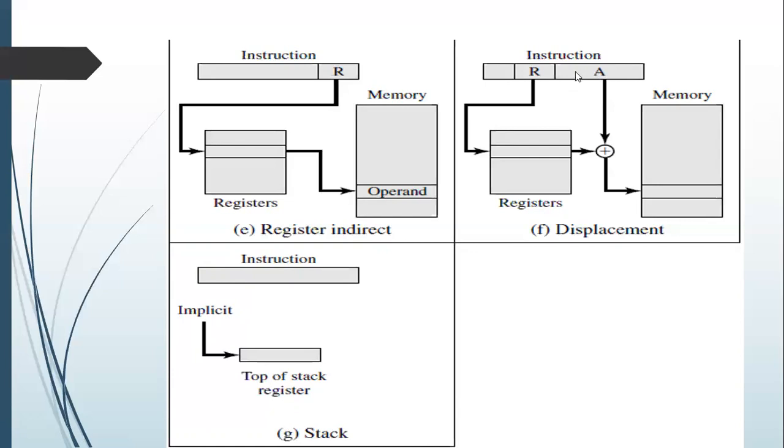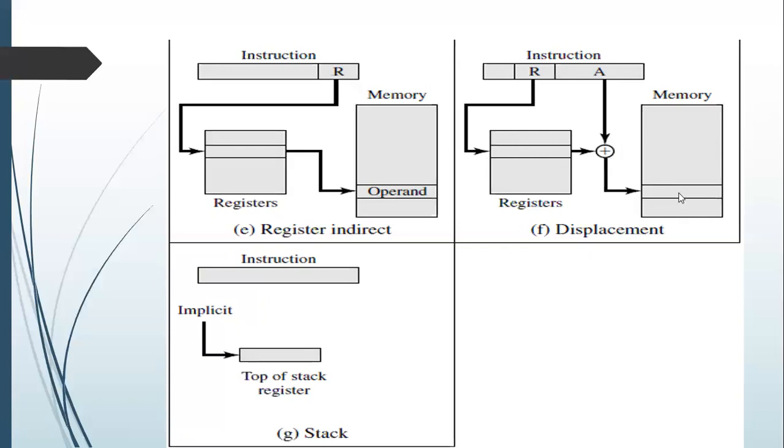Here you are only going to specify the base address, and here you will specify the displacement. Let's say my base address is 20, and here I'm going to specify my displacement. So displacement will be, let's say, 5. So 20 plus 5 will be 25. So I have to go to the 25th location.